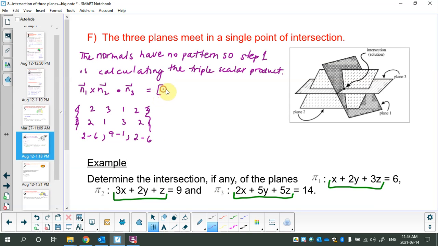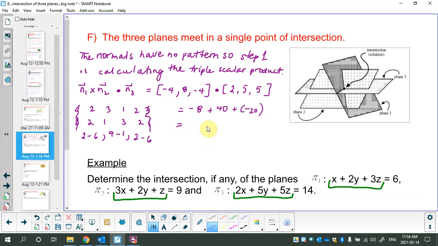So I end up having to take -4, 8, -4, which is the result of the cross product, and I have to dot it with the normal that I didn't use, which is 2, 5, 5. So negative 4 times 2 is negative 8, plus 8 times 5 is 40, plus negative 4 times 5 is negative 20.